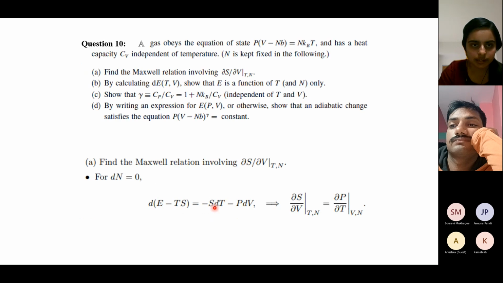Okay, so now the next question was, show that gamma is equal to Cp by Cv, that we all know. But then this is the expression. How do we get to this expression?